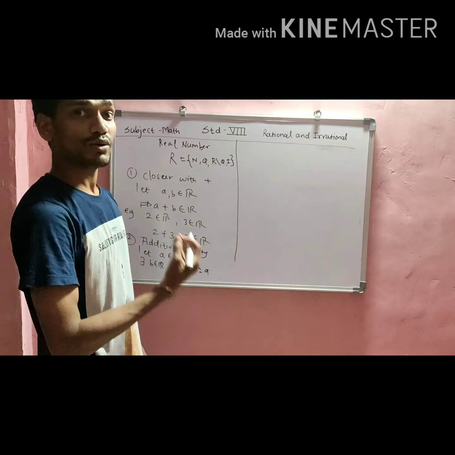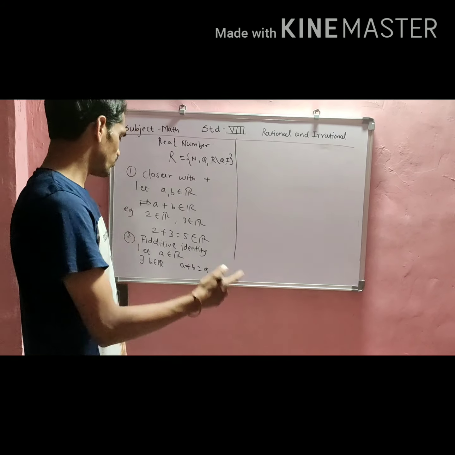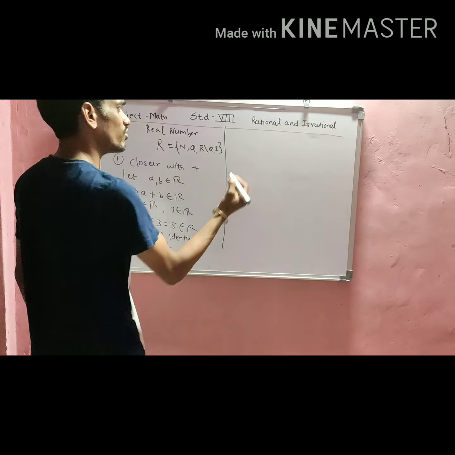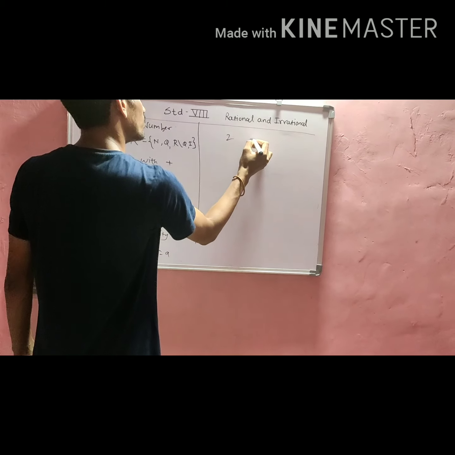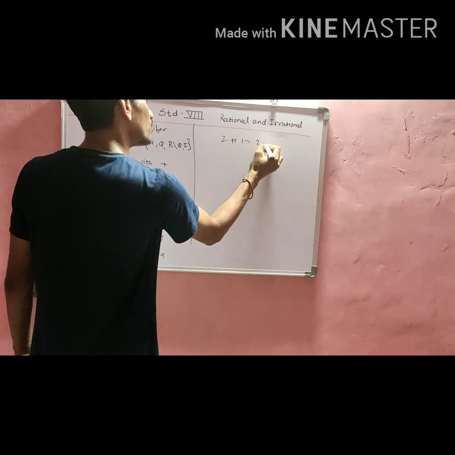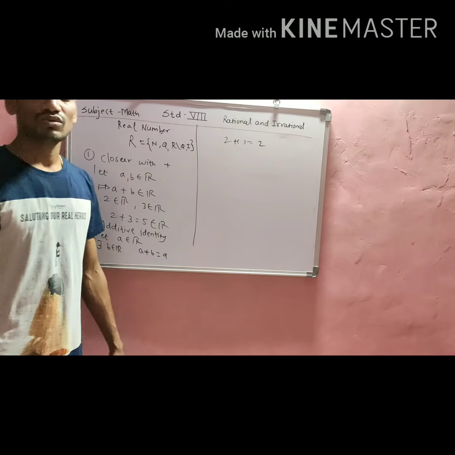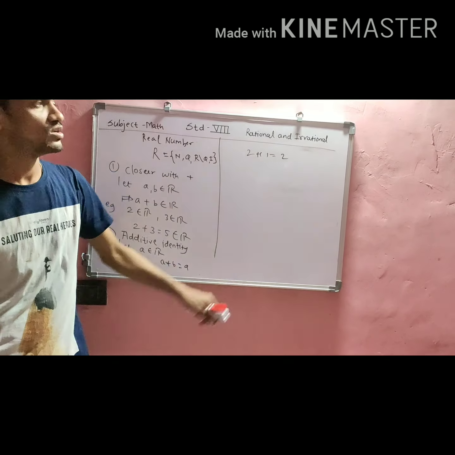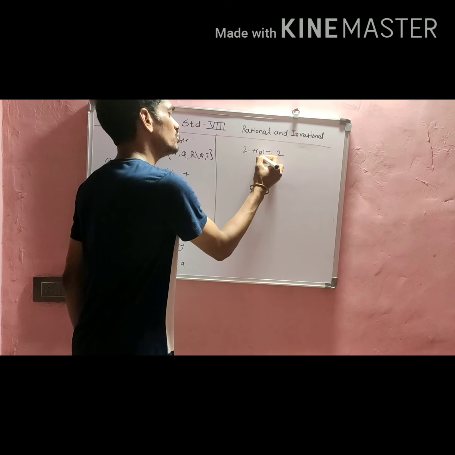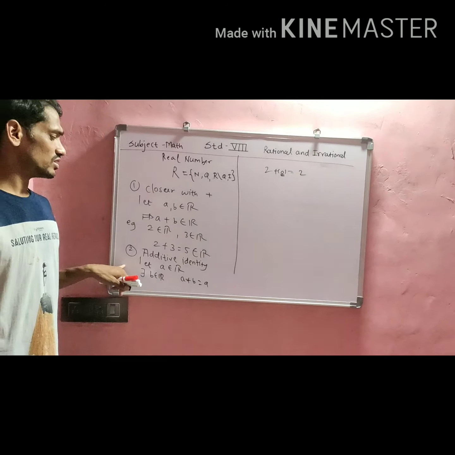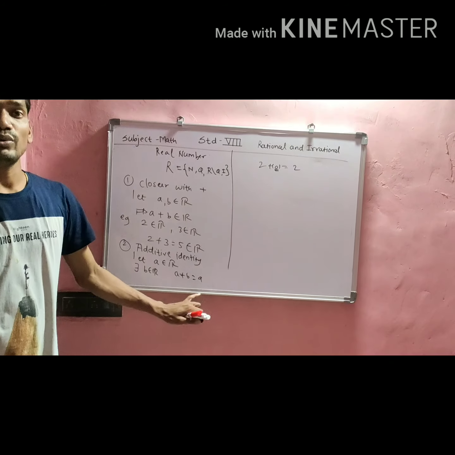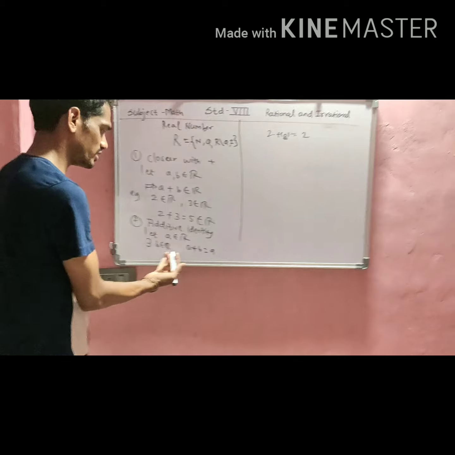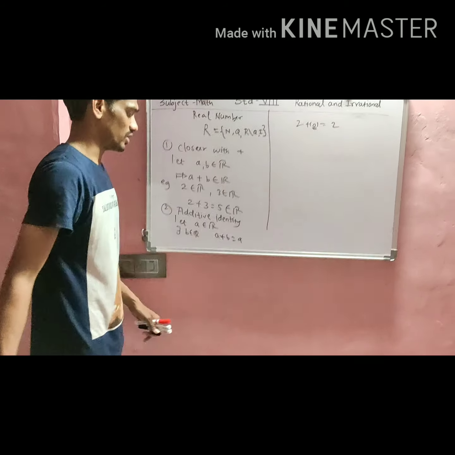In the real numbers we have one number which, if we add to a, the answer should be a. Say for example, 2 plus something is equal to 2. For which value do we get the answer 2? The answer is 0. 0 is a real number. We call it the additive identity for the real numbers. We satisfy this condition: a plus 0 is equal to a.